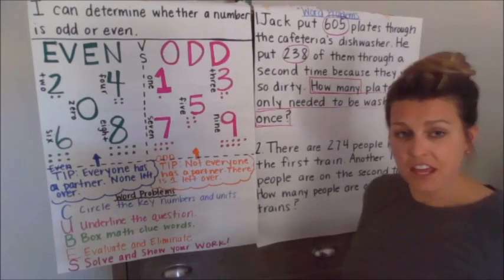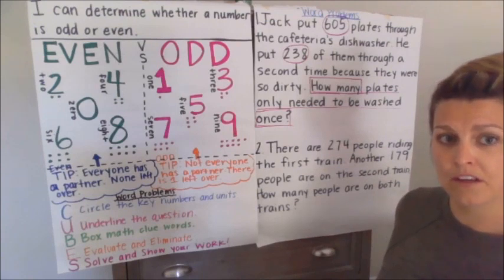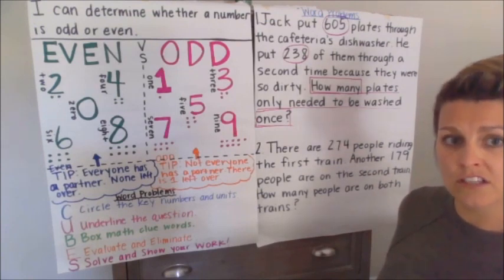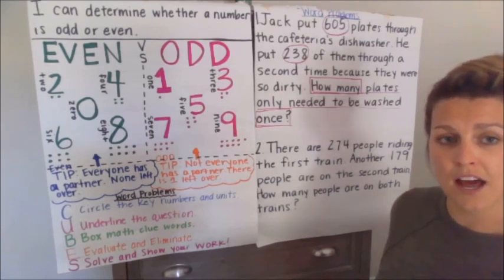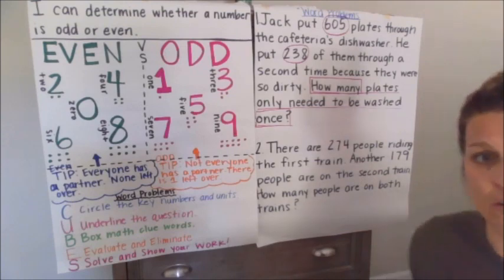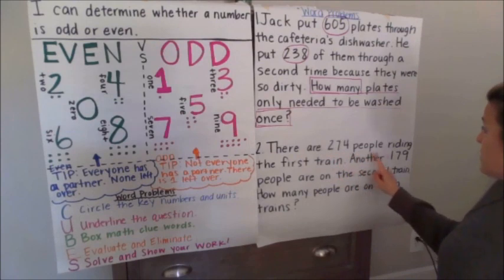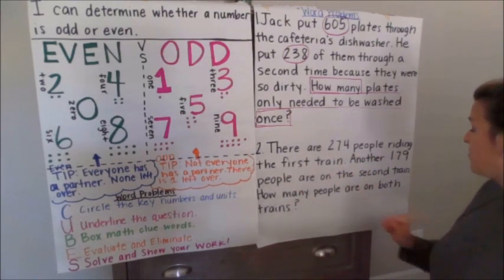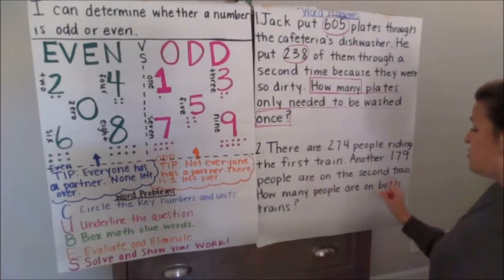Now I want you to think about whether this is an addition or subtraction problem. So you've got to use those key words in the question to help you decide whether it's an addition or subtraction problem. I'm going to read it one more time, and then I want you guys to pause the video. Here we go. There are 274 people riding the first train. Another 179 people are on the second train.